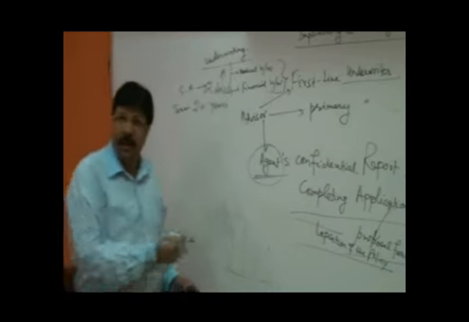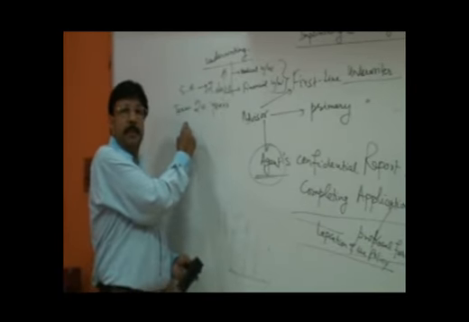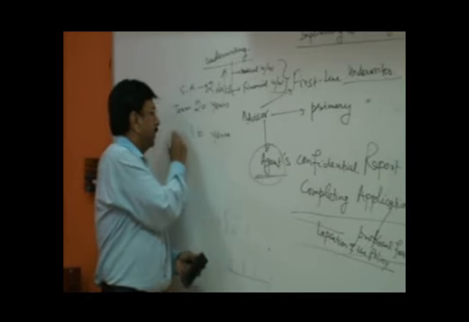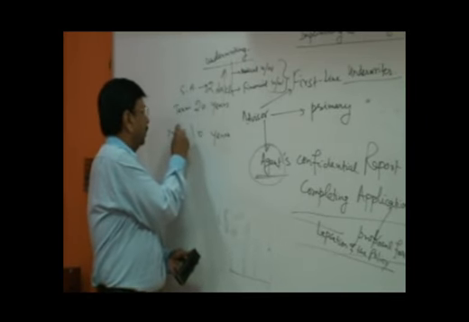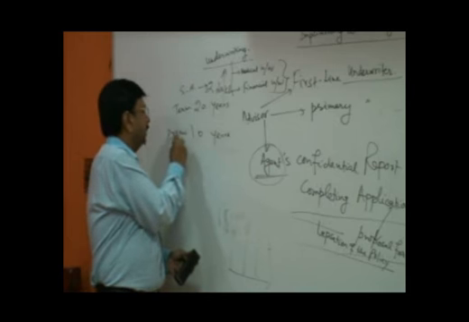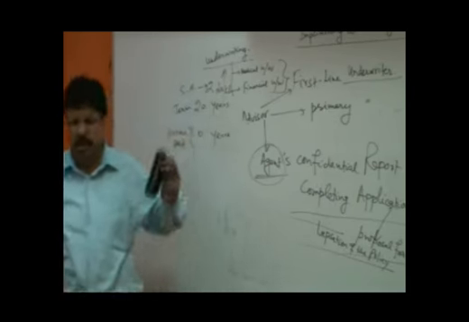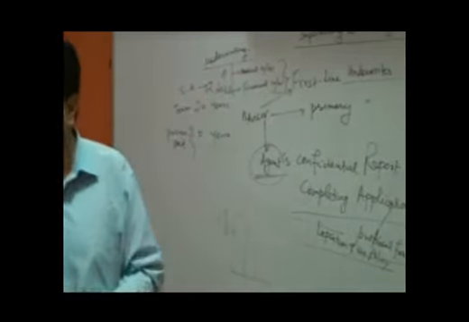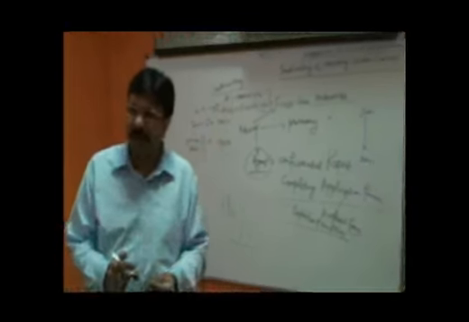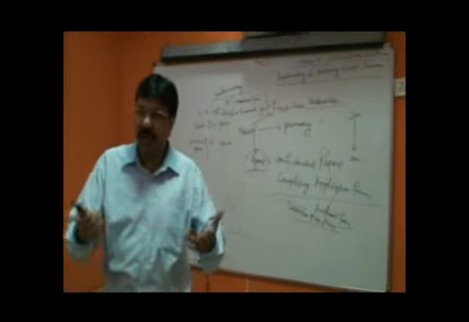Somewhere midway, this policy holder paid the premium for, say, 10 years. After that, due to certain causes, maybe some financial problem, this policy holder discontinued paying the premiums. Now what will happen? The policy gets lapsed.